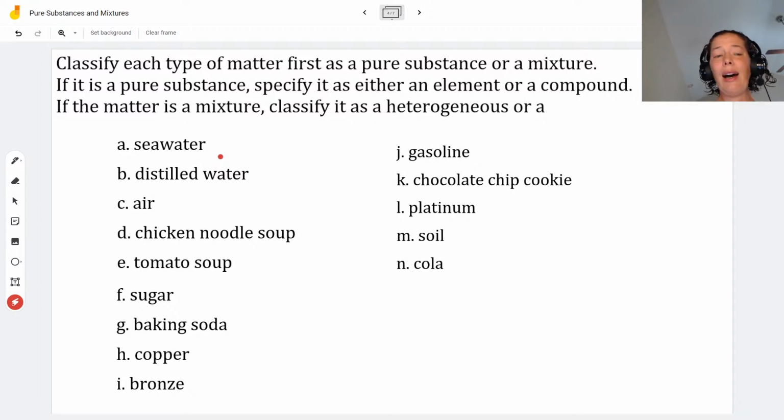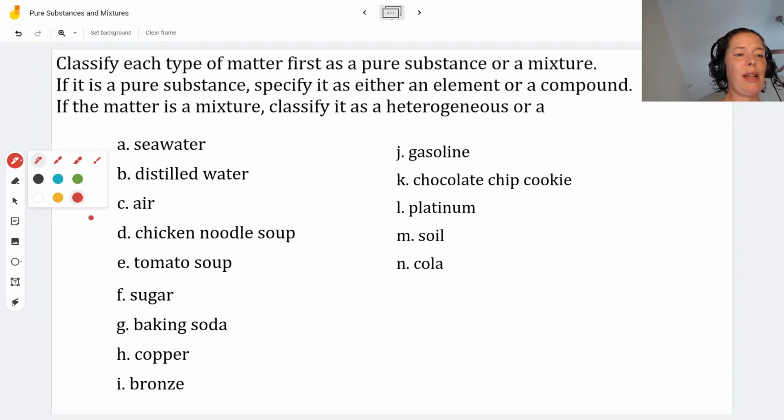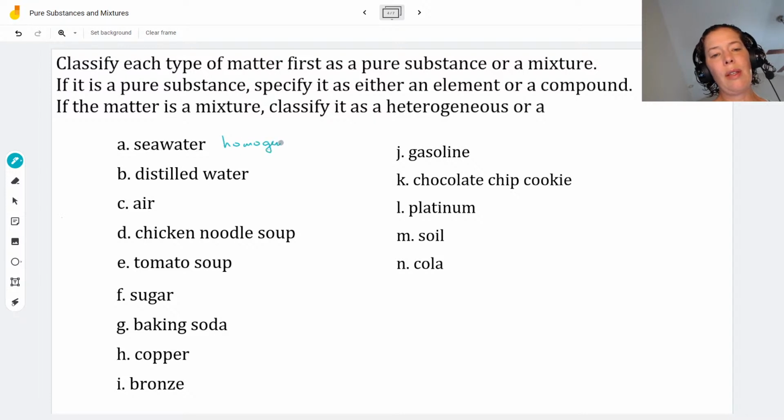Okay, so seawater, we're going to classify that as a homogeneous mixture.